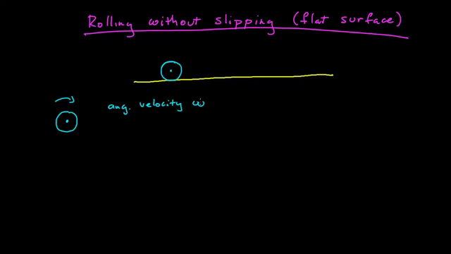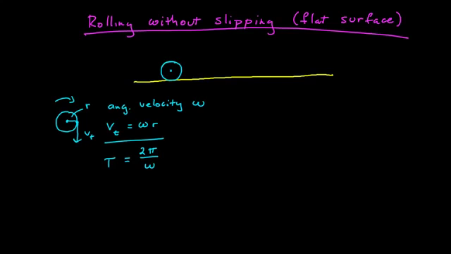angular velocity omega. If I look at some point on the surface, it has some tangential velocity that's equal to the angular velocity times the radius of the cylinder. And I know that the period necessary for one complete rotation is given by 2 pi over the angular frequency for constant motion.